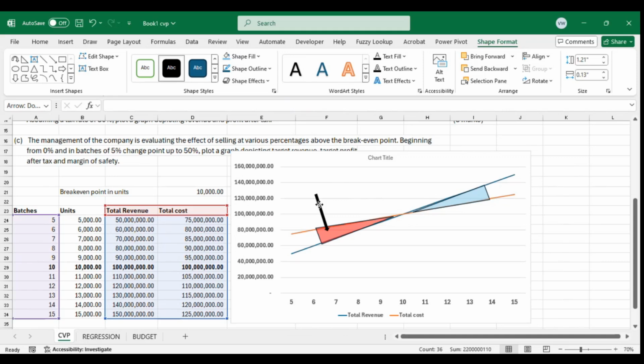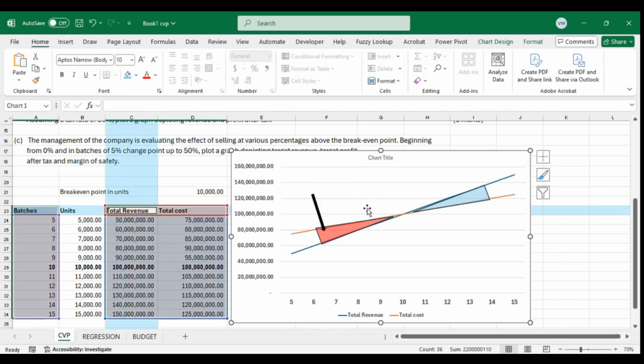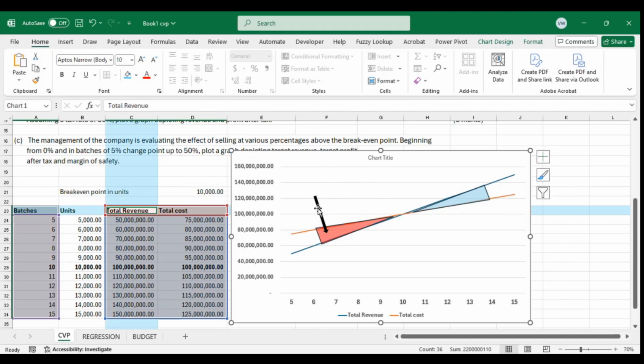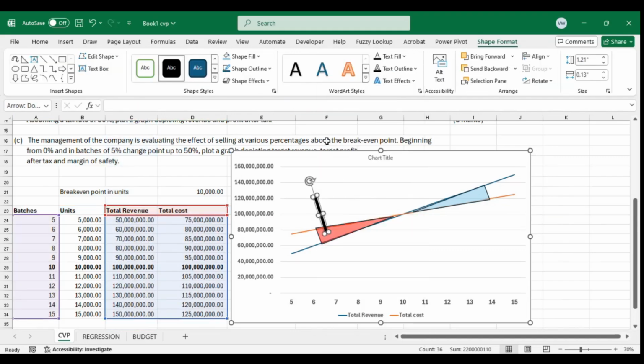Then we can now point here. So once we add that pointer, we can make a copy of these pointers to show the different regions.